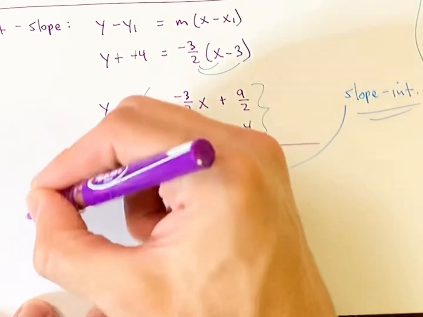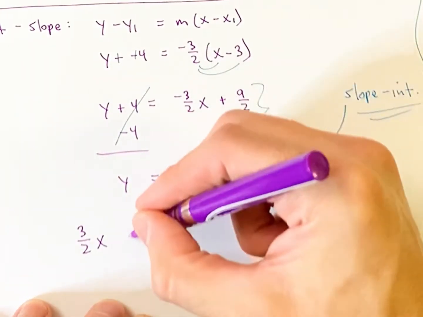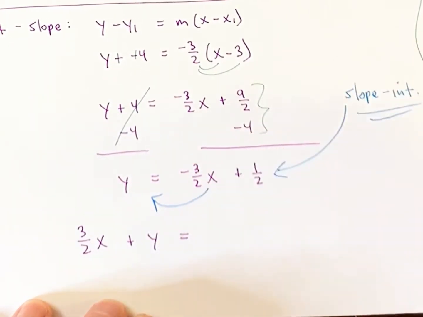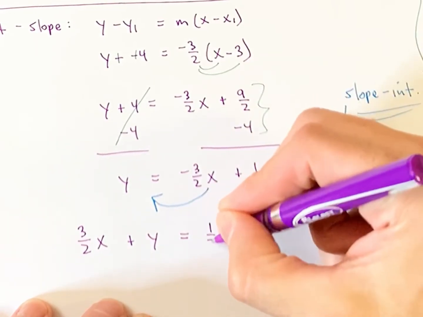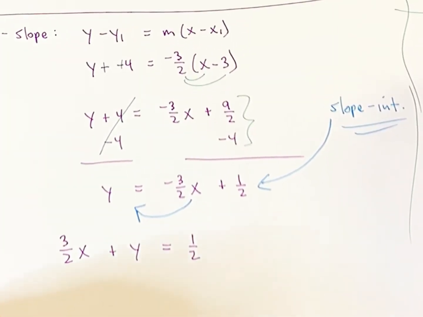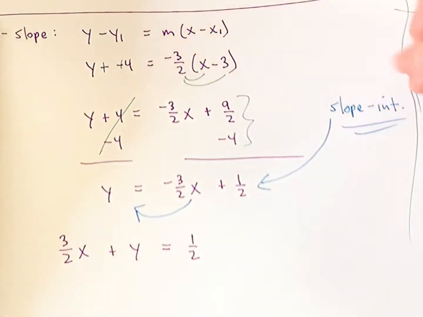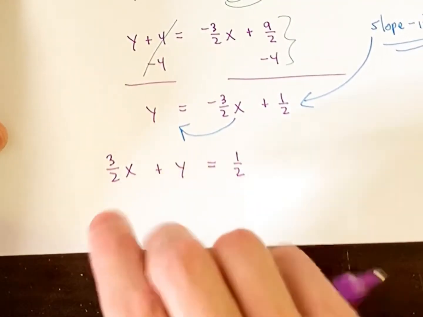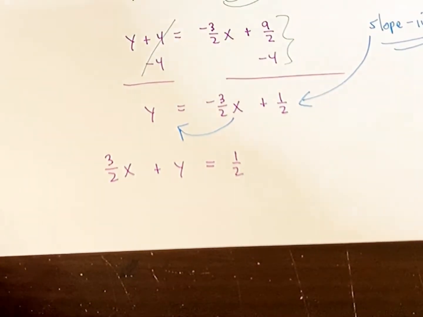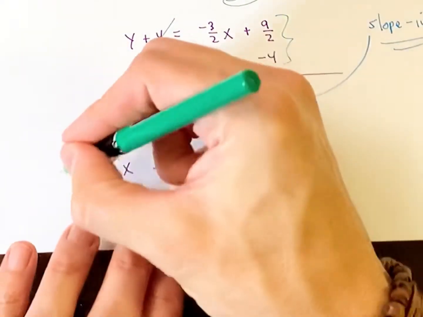So I'm going to add it to the other side. So it would be positive 3 over 2x plus y equals, and the only thing left on this side is the 1/2. And then do recall, folks, that for standard form, your a, b, and c values have to be integers. Right now, we have fractions with denominators. So let's get rid of those denominators. We can multiply both sides by 2.